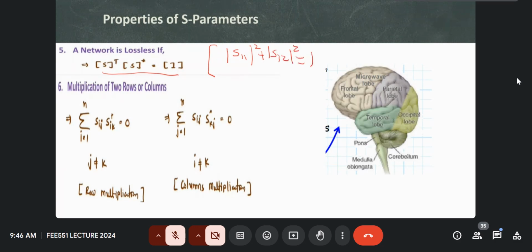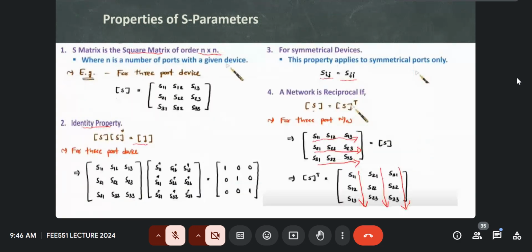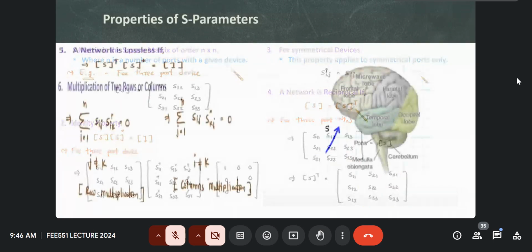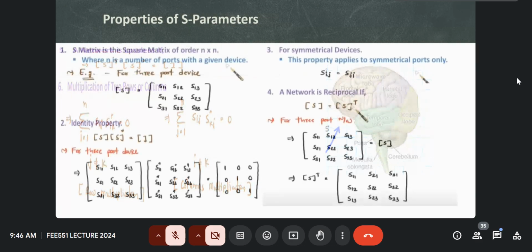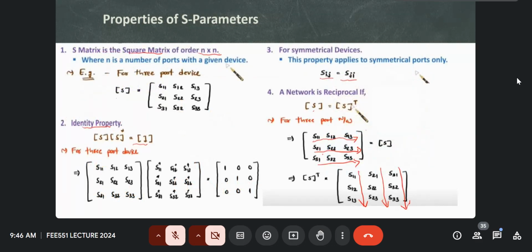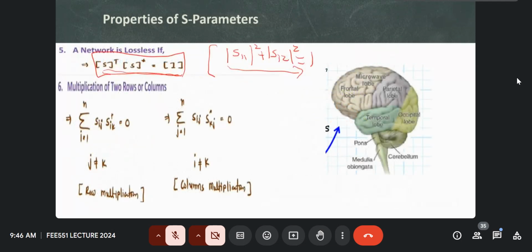So basically, for every row, for example here, S11 squared plus S12 squared plus S13 squared is equal to 1. You open up this expression and you get to this conclusion. If you do this for the third row, the magnitude of S31 squared plus S32 squared plus S33 squared, you should get 1. That's what this is saying.